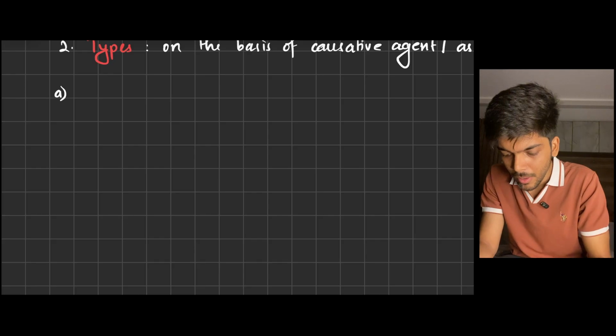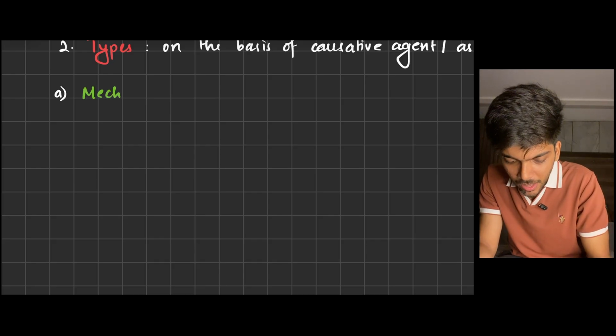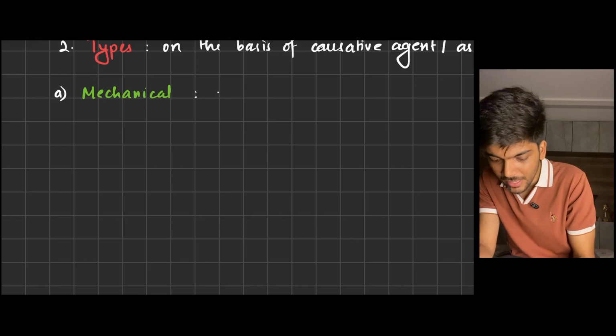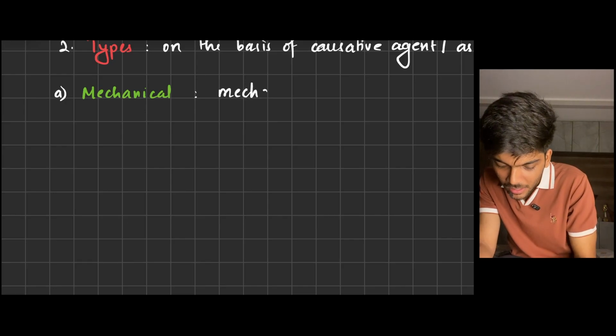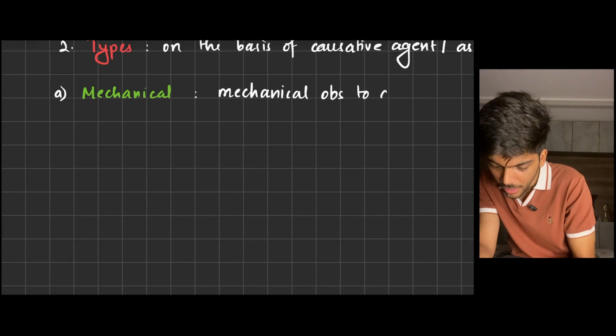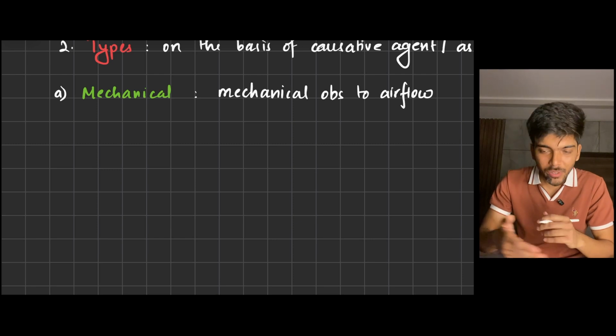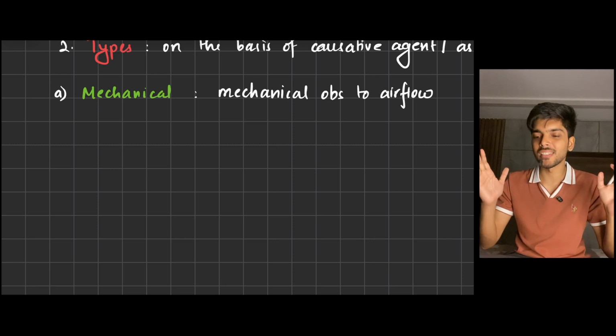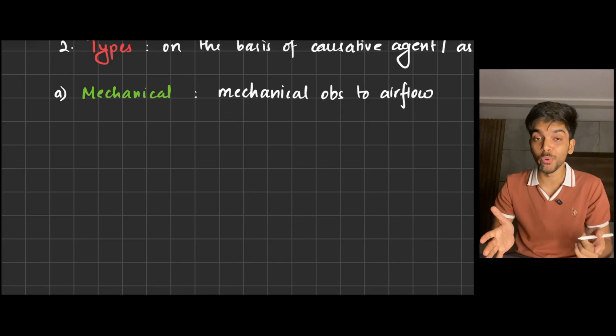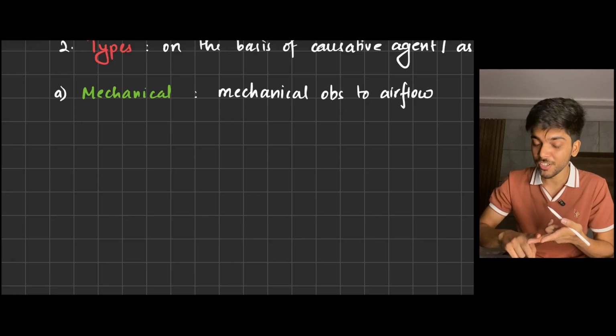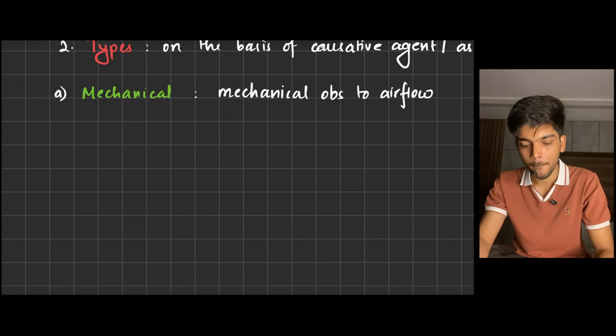Number A, mechanical asphyxia. As the name says, in mechanical asphyxia, there is mechanical obstruction to airflow. I will not give you any examples because throughout the lecture, you are going to learn about lots and lots of mechanical asphyxia due to hanging, due to strangulation, due to suffocation, and due to drowning.